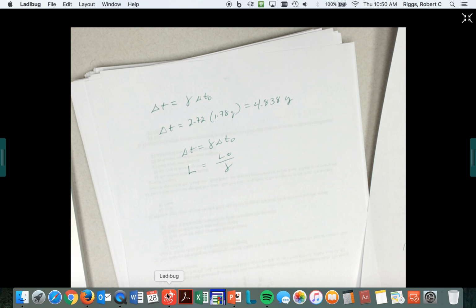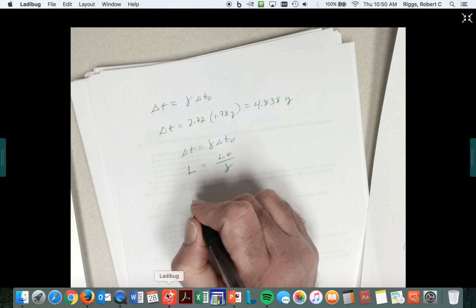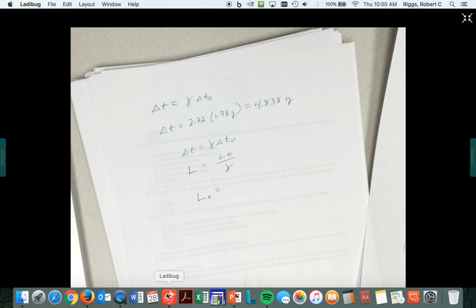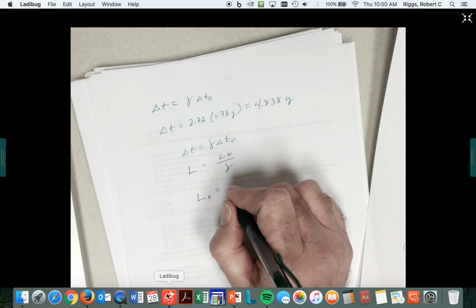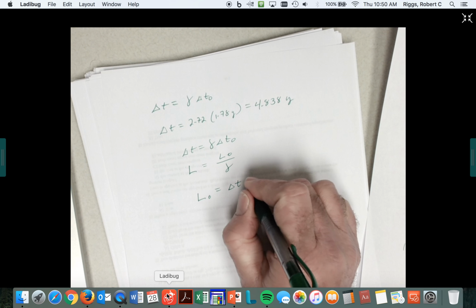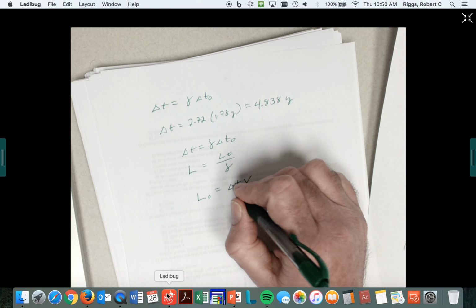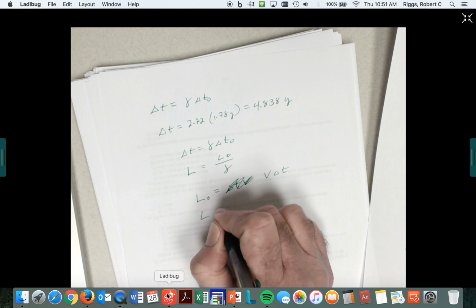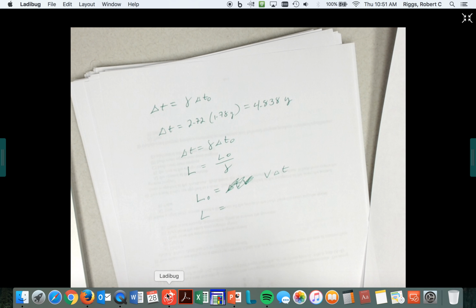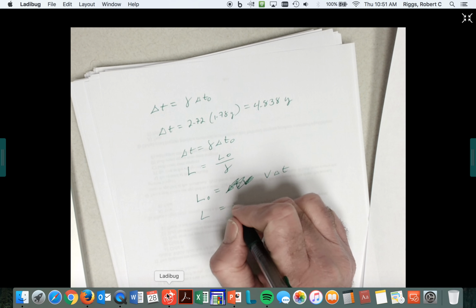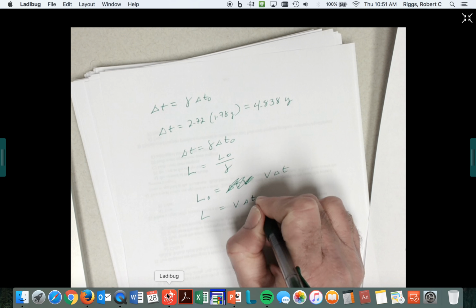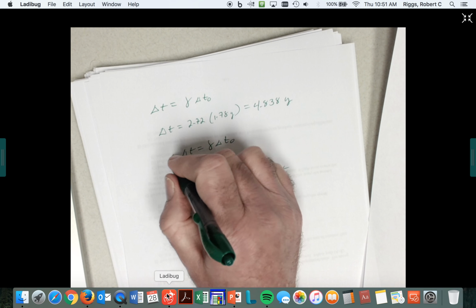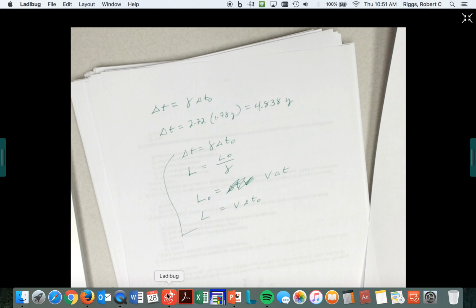Also know that the proper length, which is the length measured by the stationary observer, is equal to v times the dilated time, and the contracted length is equal to v times the proper time. Keep these four relationships in mind and you should be fine with almost any of the questions.